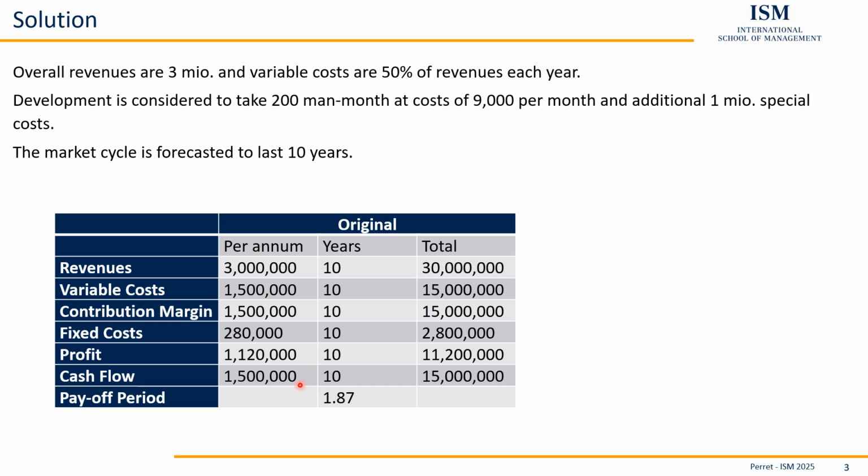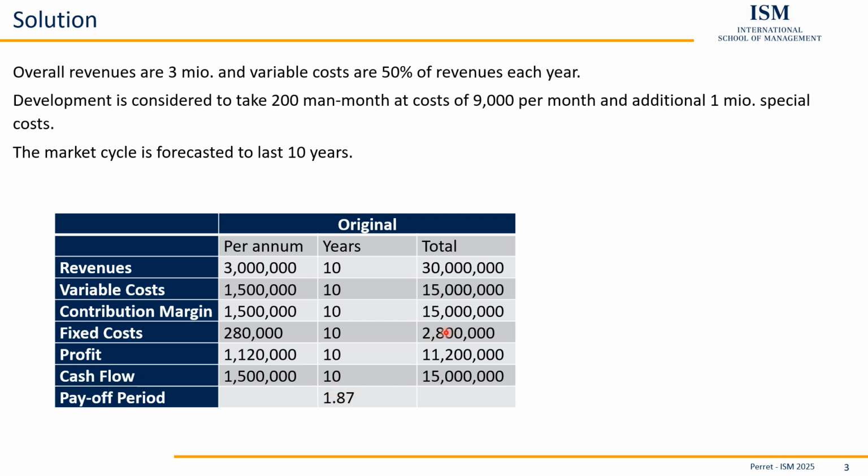And since I do not have any additional information, I can assume that the contribution margin also gives me the cash flow. Well, once I have the yearly cash flow and the overall fixed or development costs, I can calculate the payoff period, or the point when I will have paid off all the development costs, thinking of them as like a theoretical debt position. In other words, I can also call it the break-even point in the product life cycle.